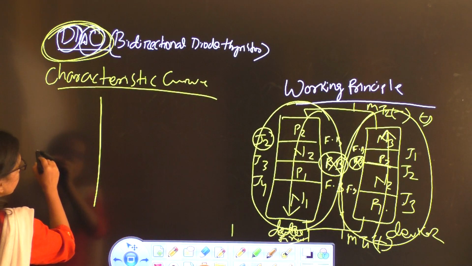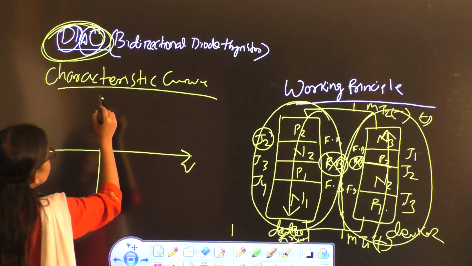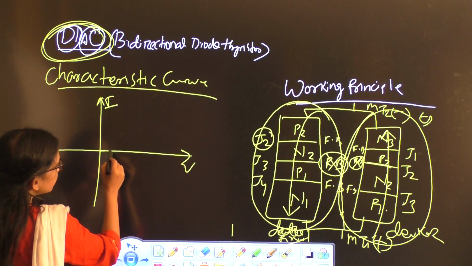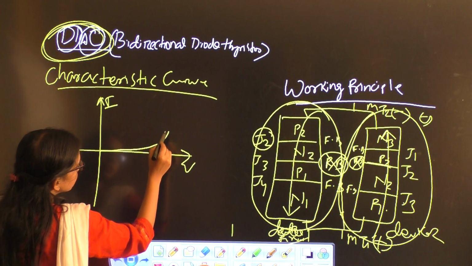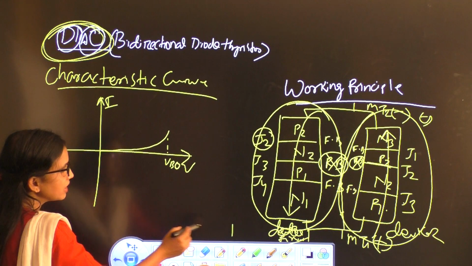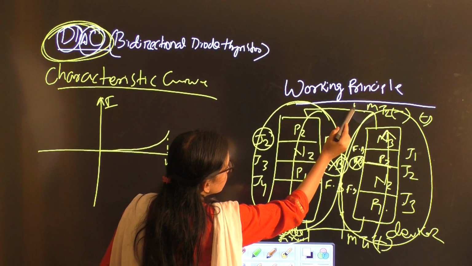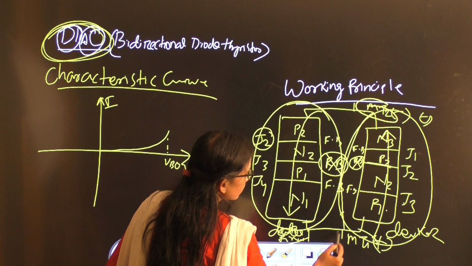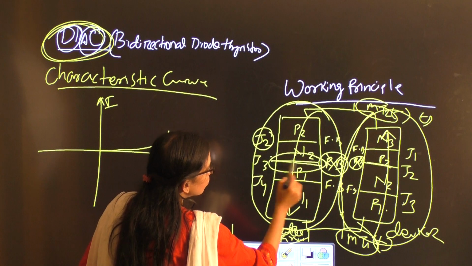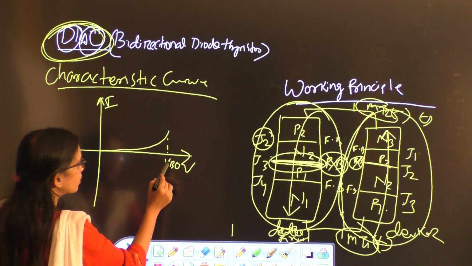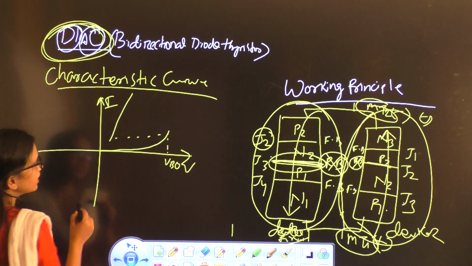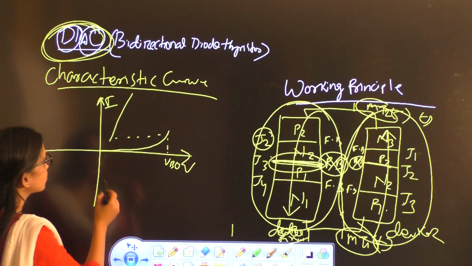So here this is the voltage and this is the current. I can draw the first case, that is VBO1. I have already said that when MT2 is positive with respect to MT1, the middle one becomes reverse biased. So when the forward voltage is beyond the breakover voltage, the current starts flowing, and it happens in the first quadrant.